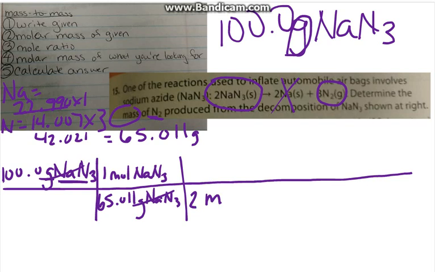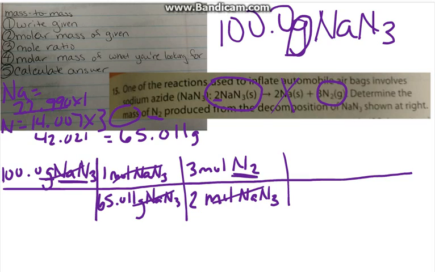I notice that I need to cross out NaN3, so that's the one that I'm going to put on bottom. And I put what its coefficient is up there. Every time I have 2 moles of NaN3, I always have 3 moles of N2. So that goes on top. Cross out my moles of NaN3. I am done with step number 3.